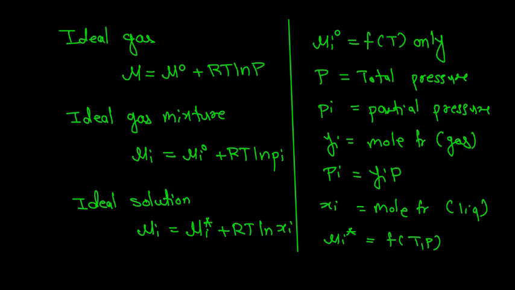A framework utilizing chemical potentials. So when I give mu equals mu naught plus RT ln P as my definition of an ideal gas, is there any way for me to confirm it? Therefore I manipulate this equation and try to see if I reach the same ideal gas equation which I know is something we have been using for defining an ideal gas.